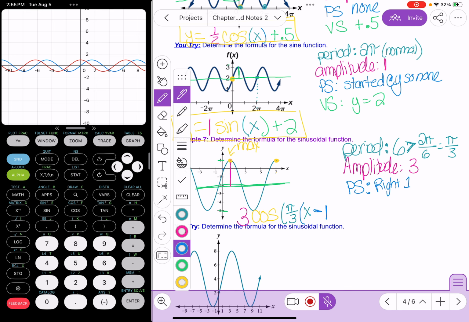And then I'm just going to stick this in parentheses so I don't have to deal. So you can either leave it like that with a double parentheses, or you can distribute that through. That's up to you how you leave it. And then we need our vertical shift, where we set our midline is at -2. So at the end, we put -2.